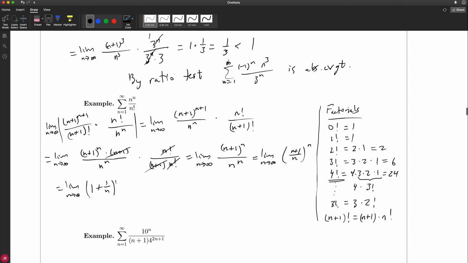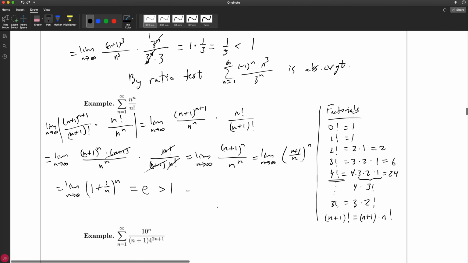And now this is a very, very famous limit. You could use Calc 1 methods to find this limit. You'll notice that it's 1 to the infinity, and so you would take the natural log and then arrange it for L'Hopital's rule, something like that. But I'll just go ahead and tell you very quickly that this is actually a limit expression for the number e.